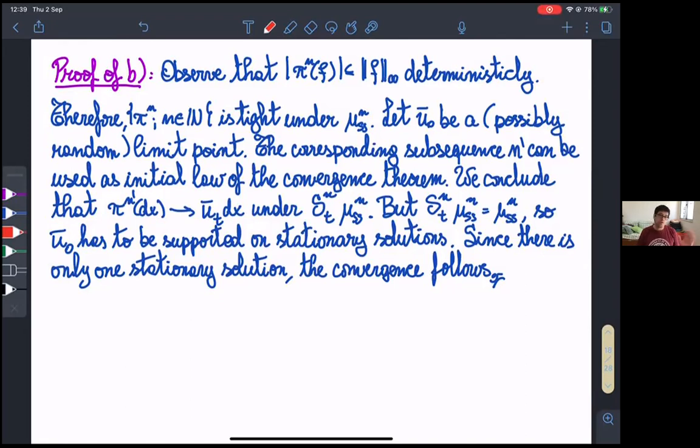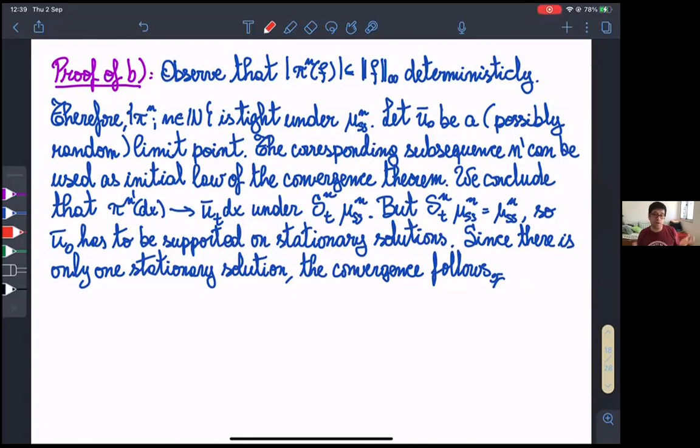Because it converges to u_0 bar. Now you let the chain evolve up to time t, the initial condition was the stationary state, so it didn't change. And now you converge to something different. You converge to u_t bar, not to u_0 bar, which is the evolution of u_0 bar under the parabolic equation.